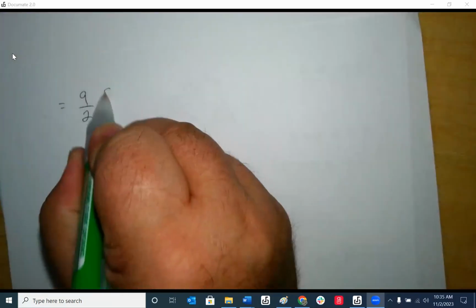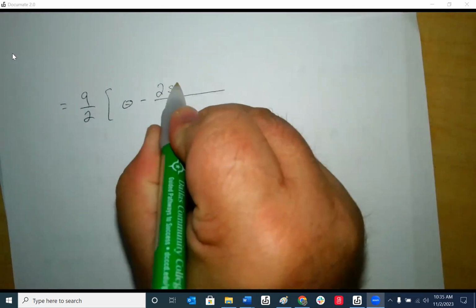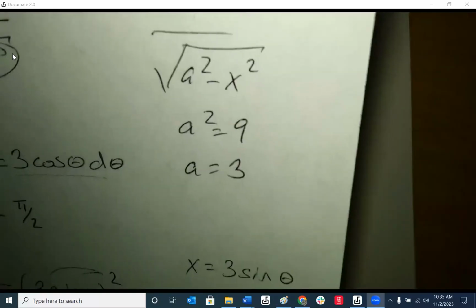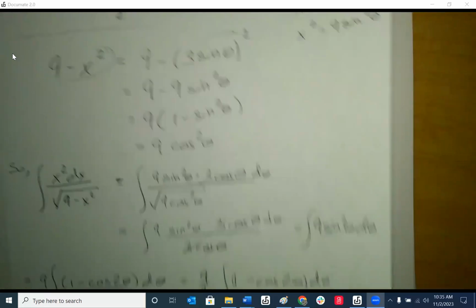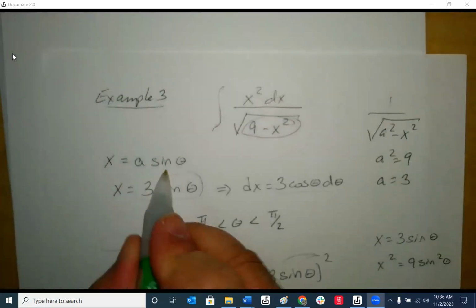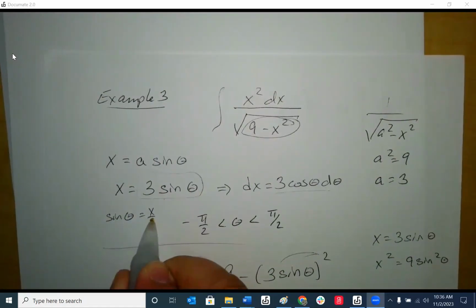It's 9 over 2 theta minus 2 sine theta cosine theta over 2. Those 2s cancel, so it's just sine cosine. All right, so what we have up here, sine theta is x over 3.